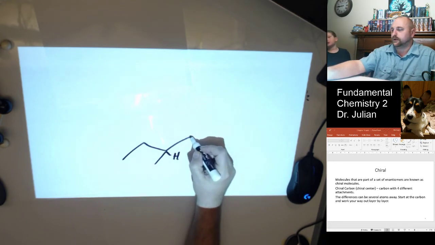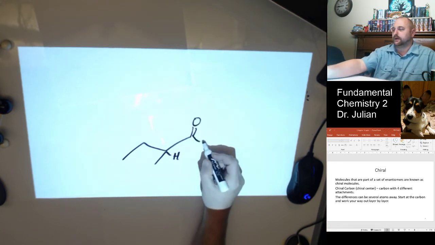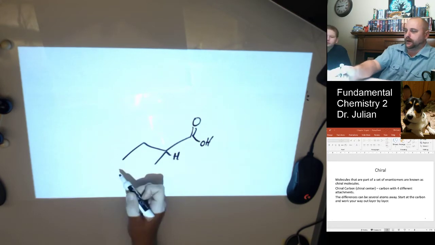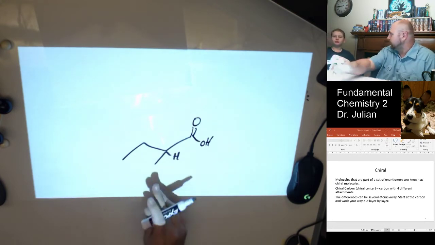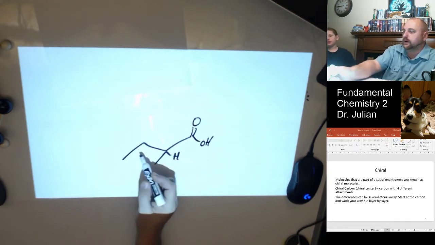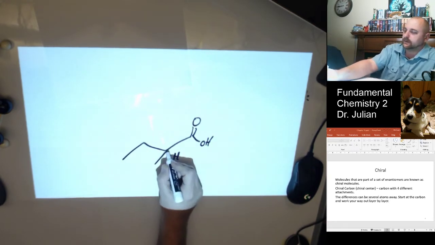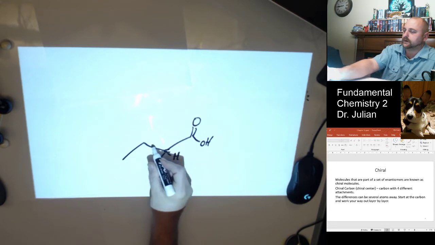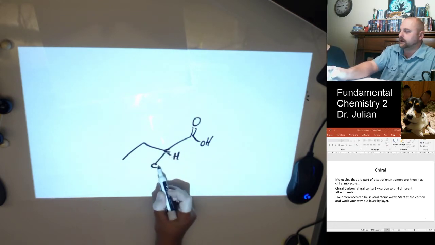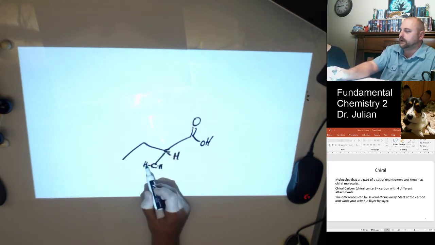This one, let's put a thing on it, and we're going to look at what's on each one. Now, we're going to have to teach you real quick how these drawings work. Each carbon is at the intersection of the lines. There's actually a carbon here, and each carbon has 4 bonds on it.